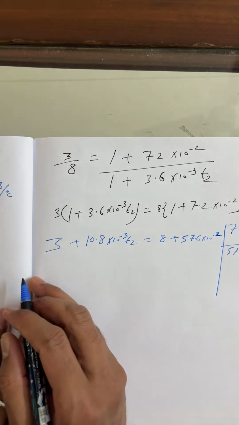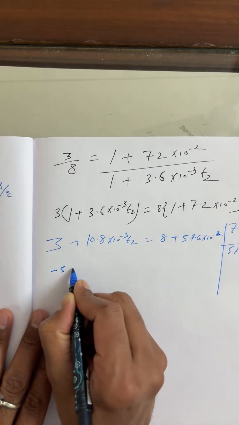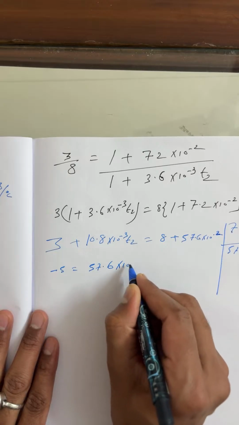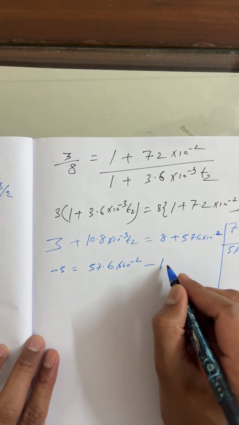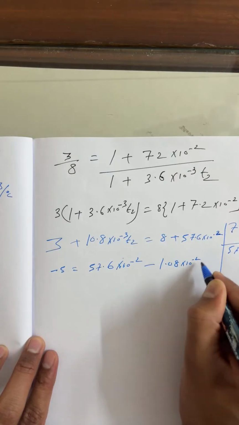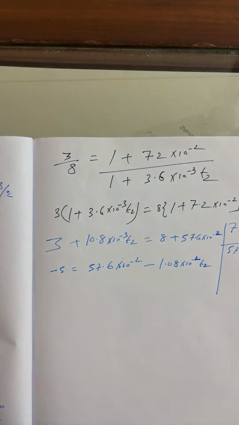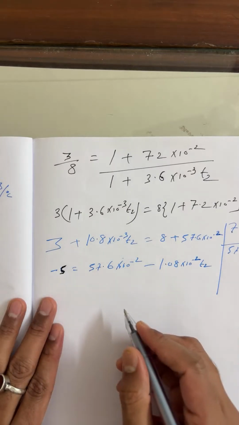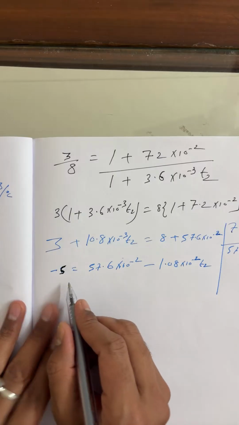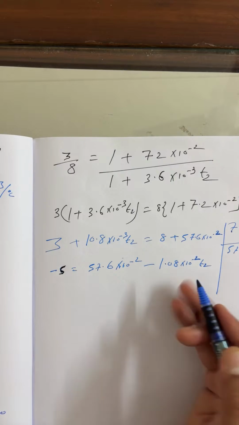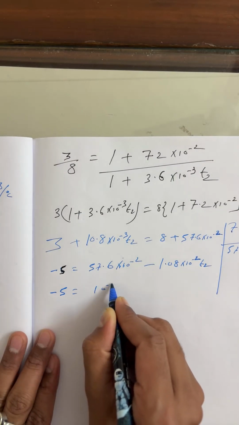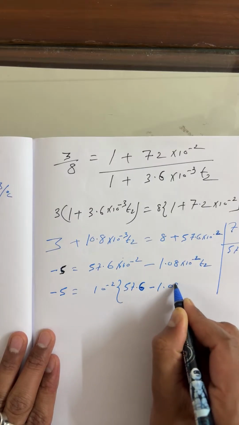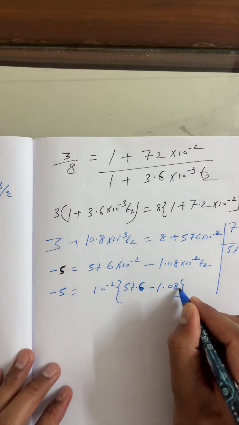Further, bring this side: the 3 becomes minus 5, so it is equal to 57.6 into 10 to the power minus 2 minus 1.08 into 10 to the power minus 2 into T2. Further solve this, taking 10 to the power minus 2 out: minus 5 is 10 to the power minus 2 times (57.6 minus 1.08) into T2.